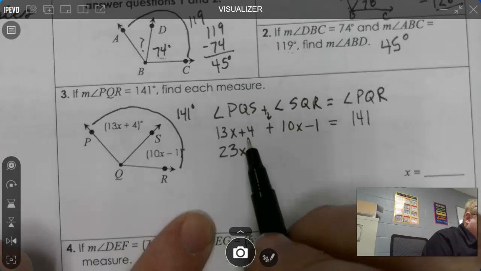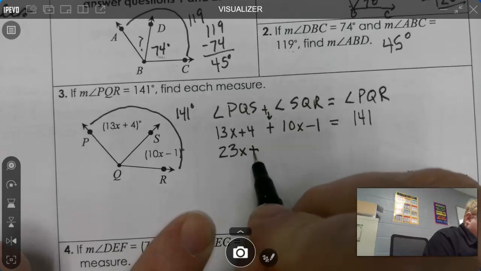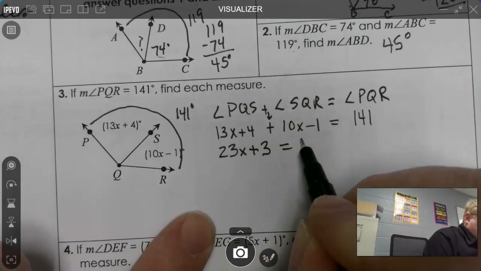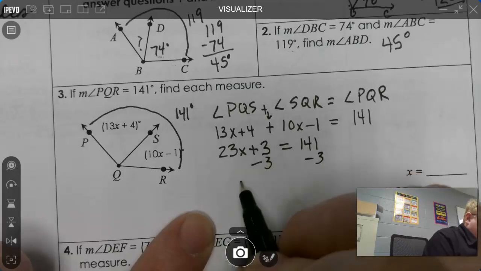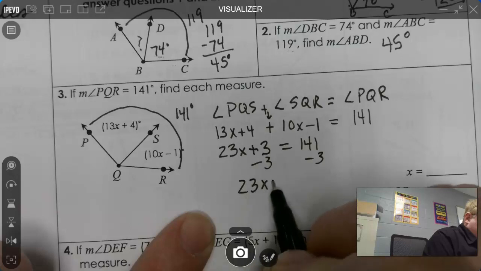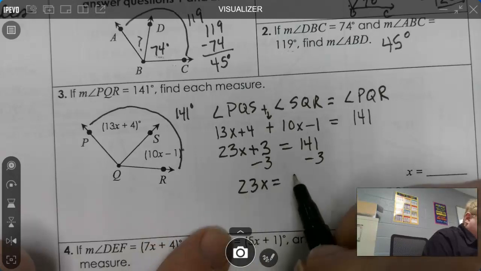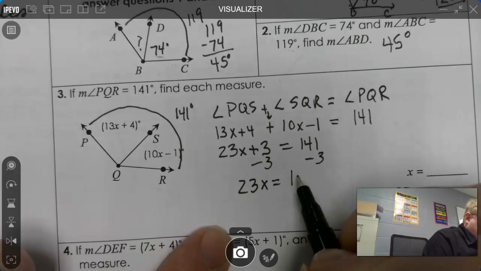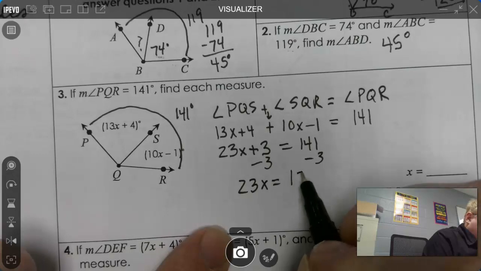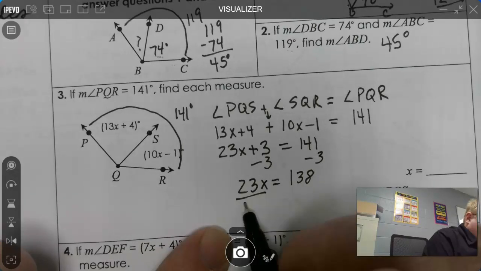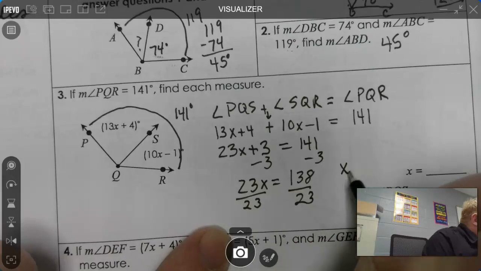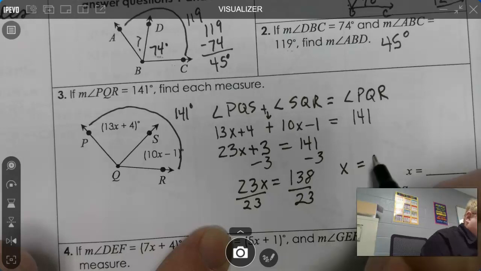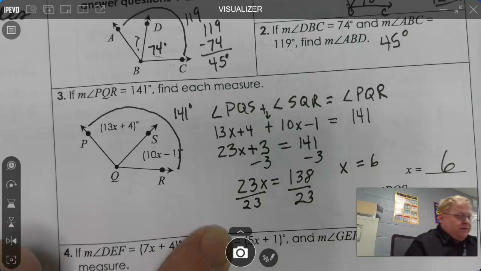We have a plus 4 and a minus 1, so in the end we've only added 3, equals 141. Subtract 3 from both sides. This is the algebra portion of this. You can use Desmos if you want to figure this out, but I'm going to do it anyway. 138 divided by 23 is 6. So 6 is the answer.